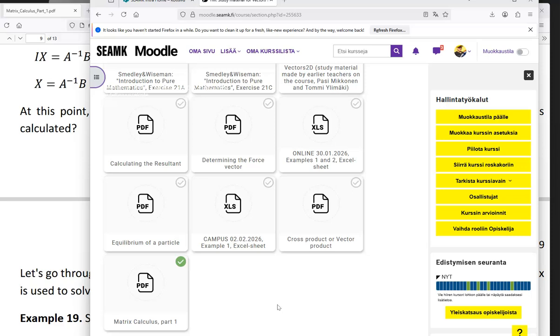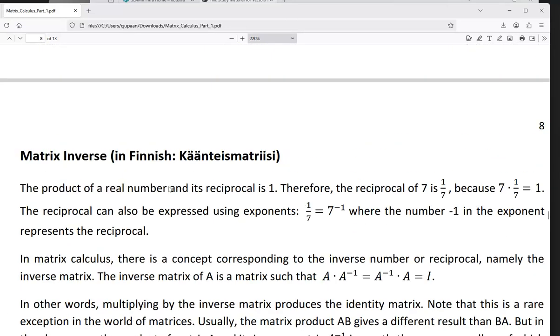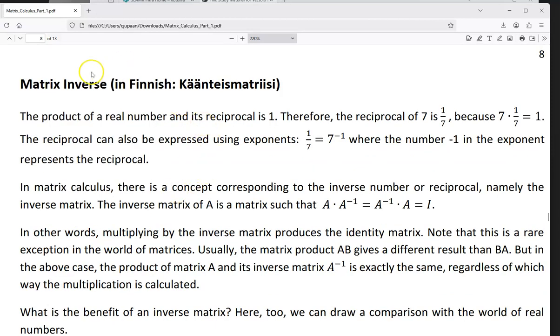There are probably three new assignments, and they concern matrix calculus. So you will find them at the beginning of this week. But I think today I will end our lessons at this point. I recommend you read by yourself this concept, matrix inverse, before we go through it together.